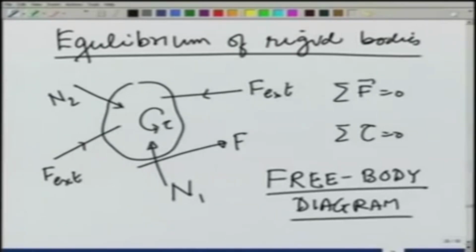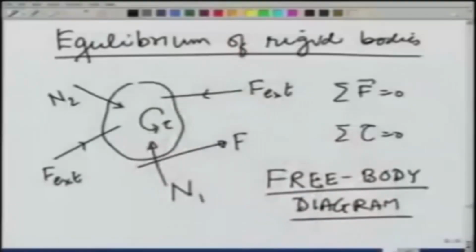We have been using free body diagrams so far, but I did not use this term. Now I am introducing it. So, a free body diagram is the one where I take the body, isolate it and replace all the engineering elements that are holding it by their respective forces or torques provided.